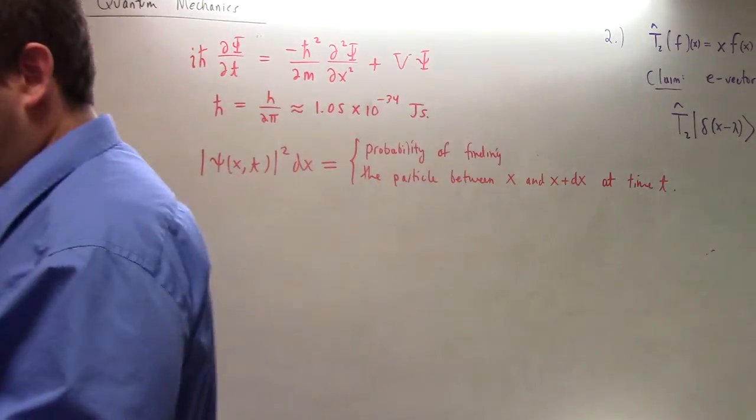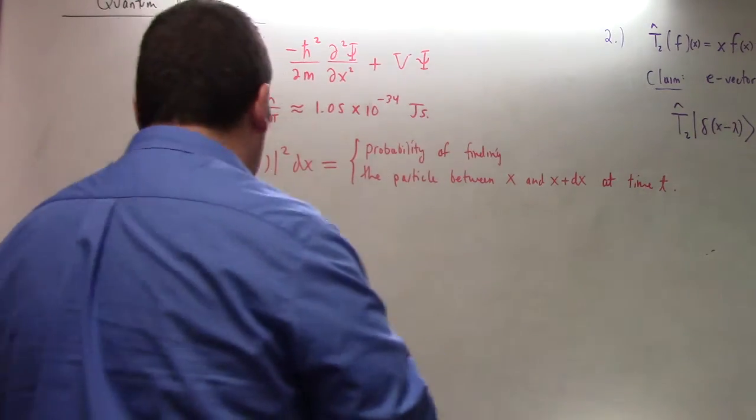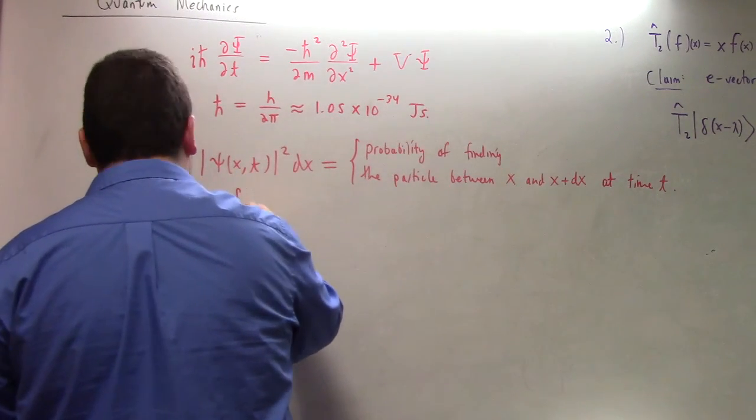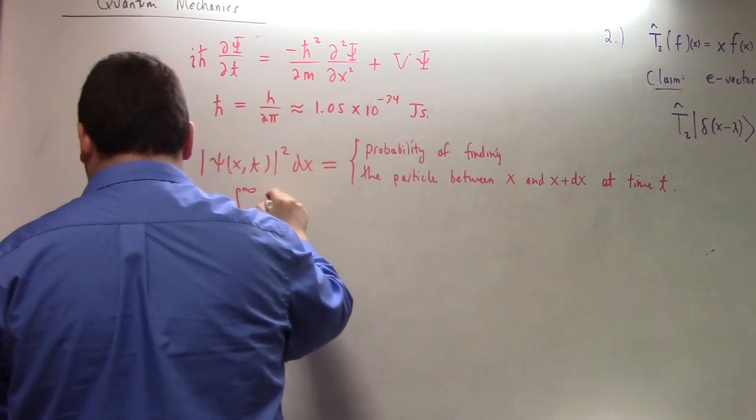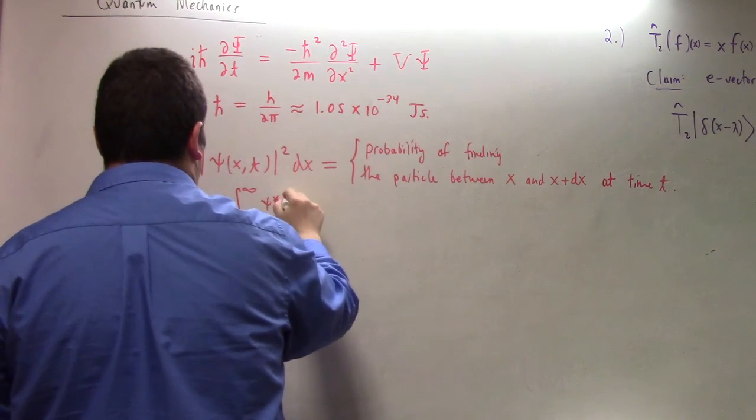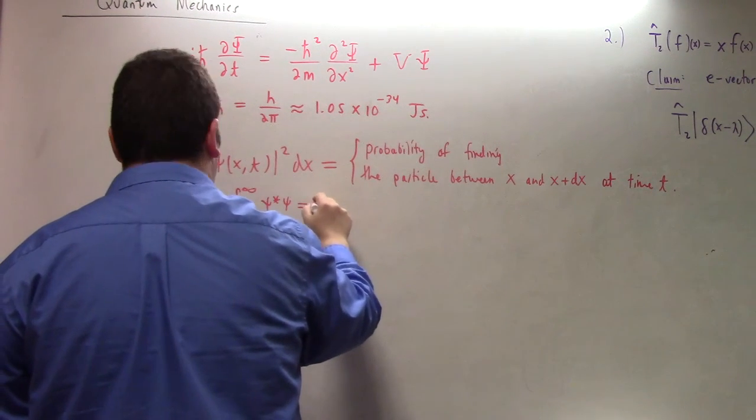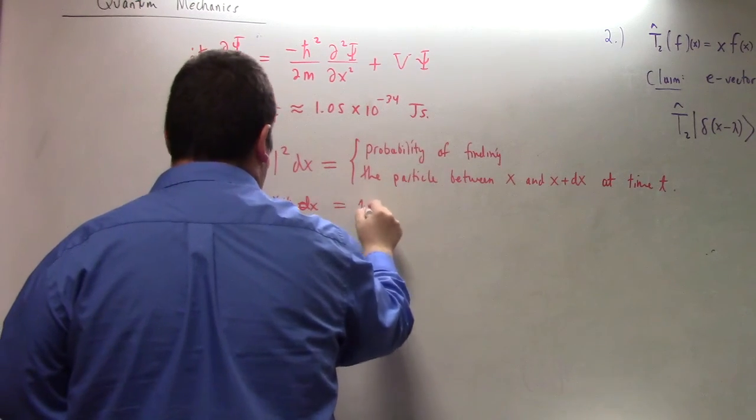That's what that means. The particle must be found somewhere, so the integral from minus infinity to infinity of psi star psi is equal to 1.